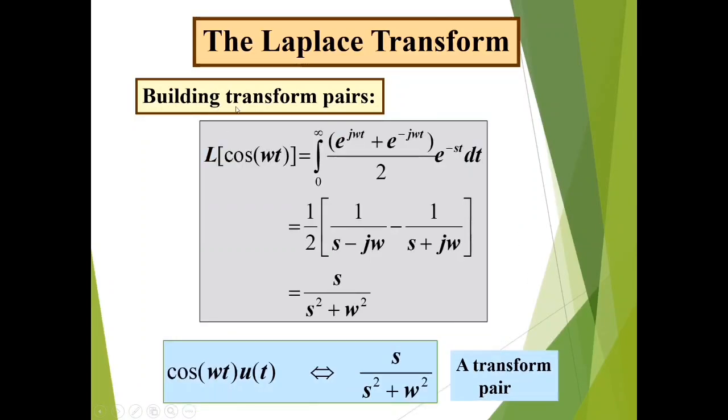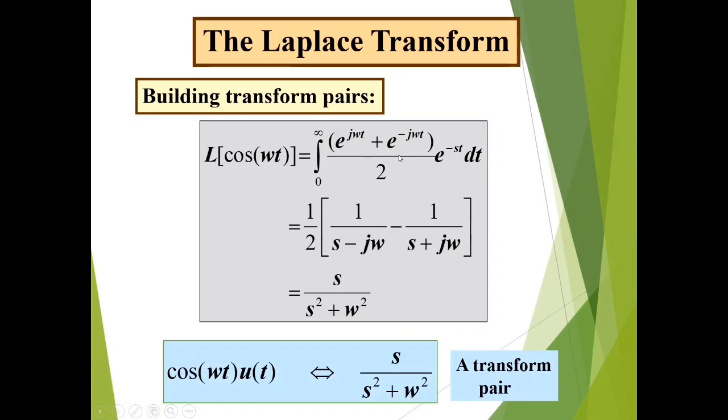Again another transform pair: L of cos omega t is equal to the integral from 0 to infinity of e power j omega t plus e power minus j omega t, divided by 2, into e power minus st dt. We know that cos omega t is equal to e power j theta plus e power minus j theta by 2, so we apply that formula here.